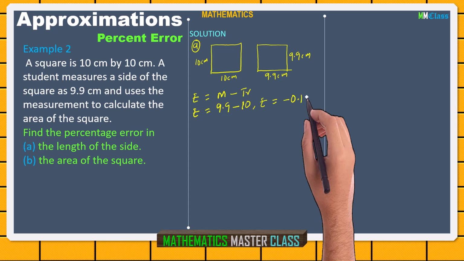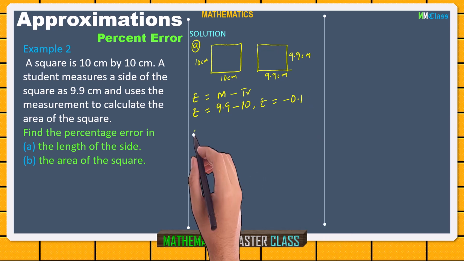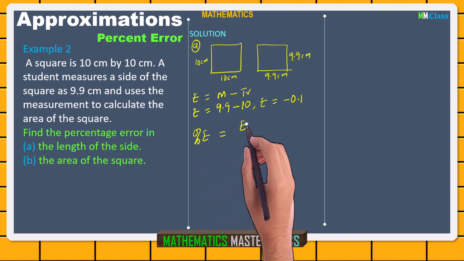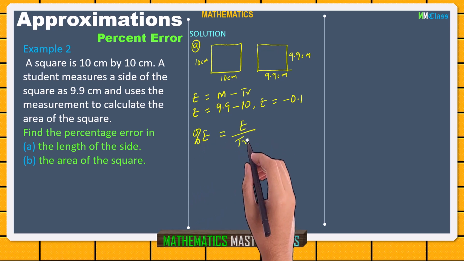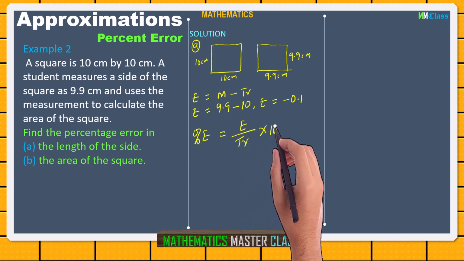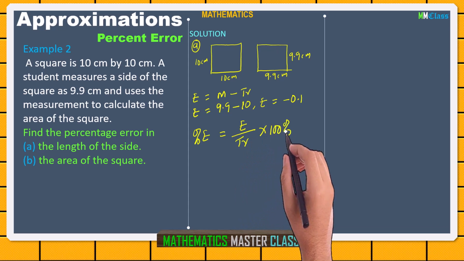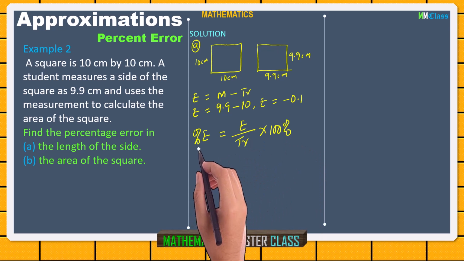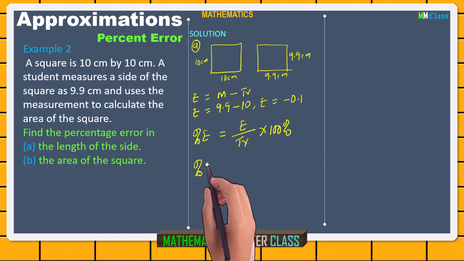So we are going back to calculate the percentage error since we now know our error. So percentage error E will be equal to error all over true value times 100%. So we know our error, we know our true value. So we are looking for percentage error.